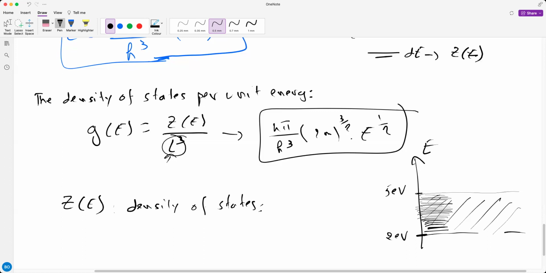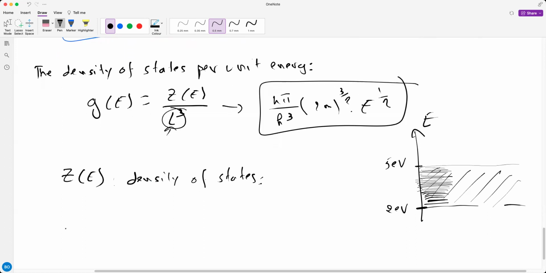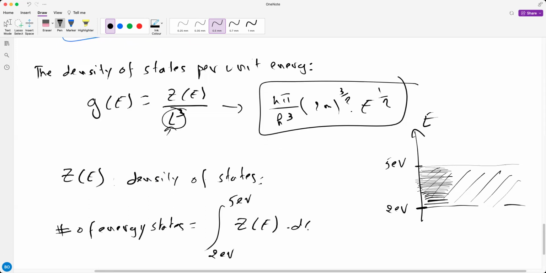So the total number of energy states, we just integrate from 2 electron volt. We will do several exercises about this. And then Z(E) dE.